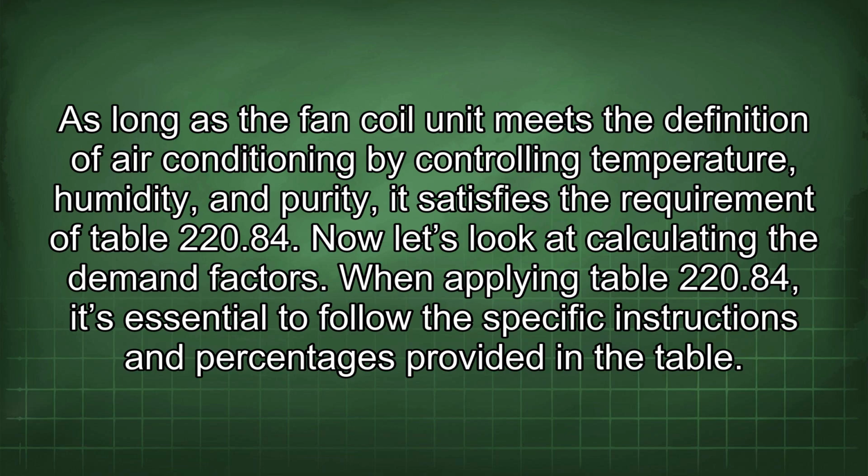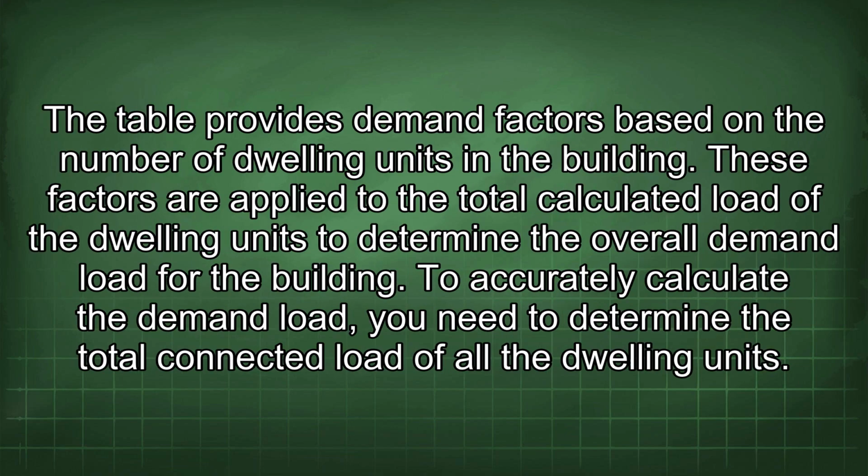Now let's look at calculating the demand factors. When applying Table 220.84, it's essential to follow the specific instructions and percentages provided in the table. The table provides demand factors based on the number of dwelling units in the building. These factors are applied to the total calculated load of the dwelling units to determine the overall demand load for the building.